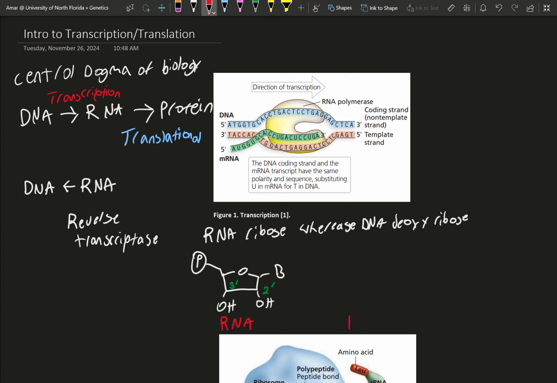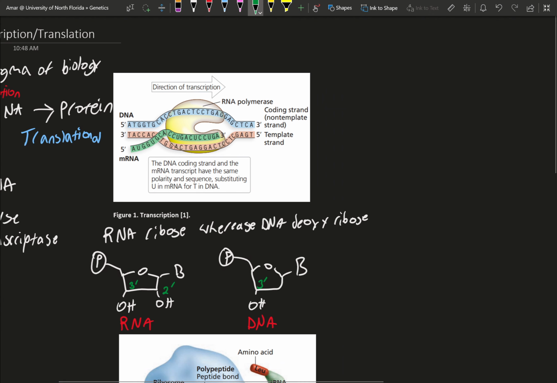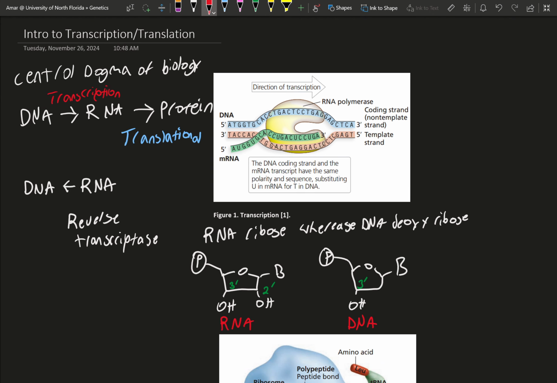Your DNA, on the other hand, if you can remember, has a phosphate group connected to a 5' end, and then you only have one hydroxyl group, on the 3' end. So this is one of the main differences. Another difference between RNA and DNA, if you look at this image right here, is that RNA doesn't have any thymines.